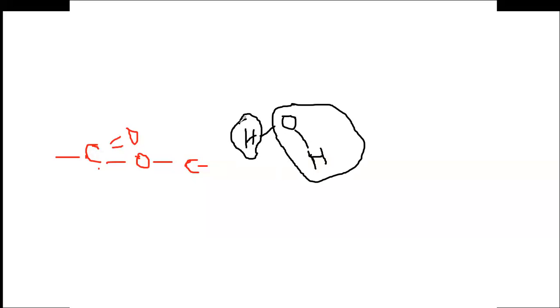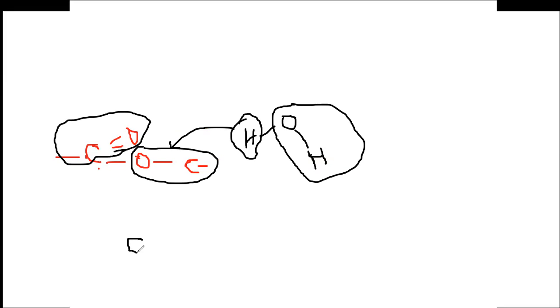The hydrogen will be attached to that. At the end of the day, we already have this part, carbon with a double bond to oxygen. Now there's this free bond, and that is where this bond will be joined.